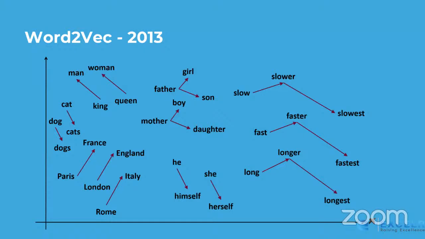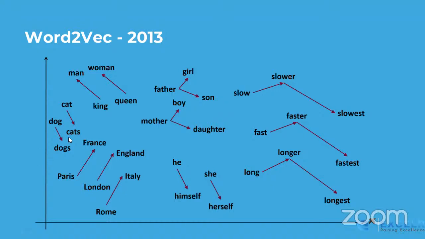Basically, what they did is they started building very, very big corpuses. They combined all the data, all the possible words, and started forming groups.